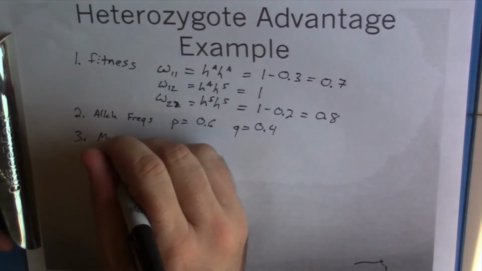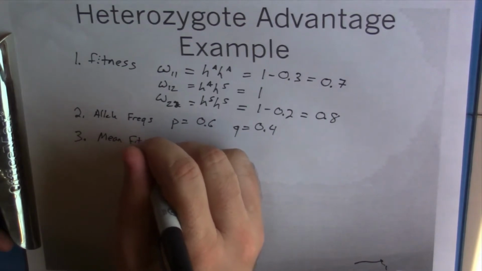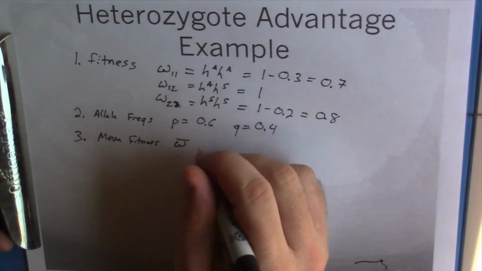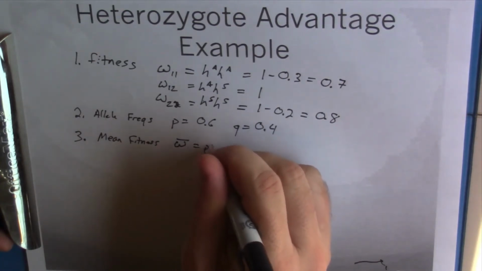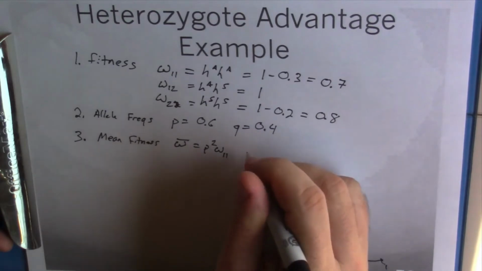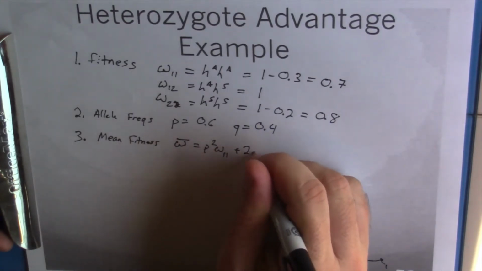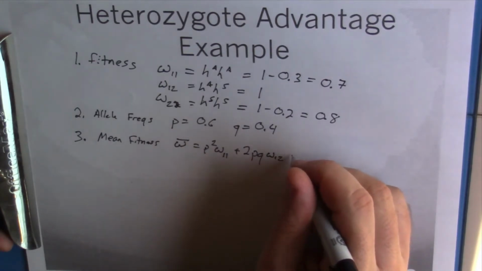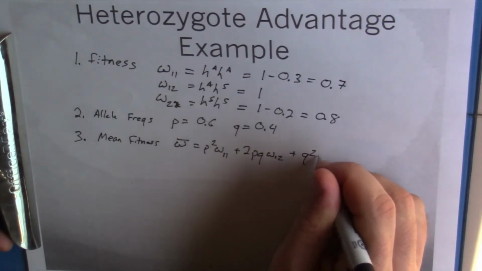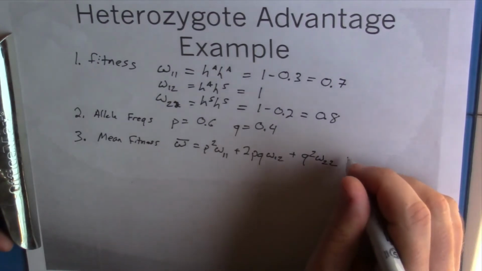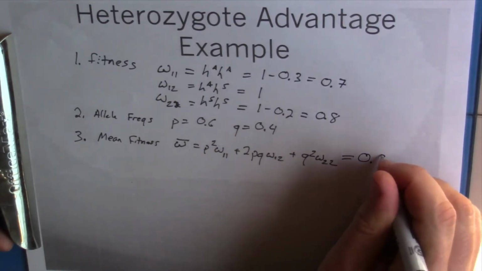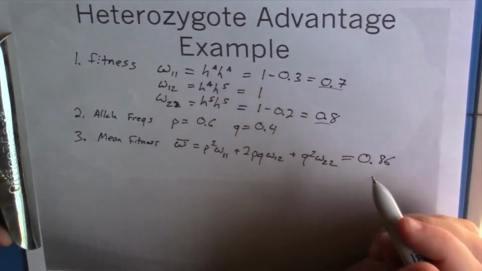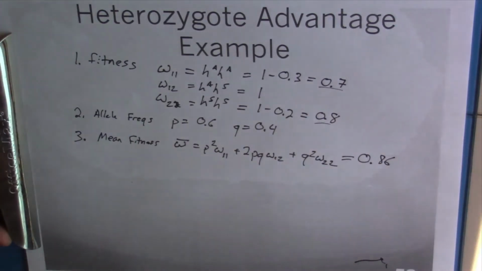Third step is to calculate mean fitness, which is omega hat equals p squared omega 1,1 plus 2pq omega 1,2 plus q squared omega 2,2. That ends up being equal to 0.86. That's a lower mean population fitness because we have selection occurring on both homozygotes.